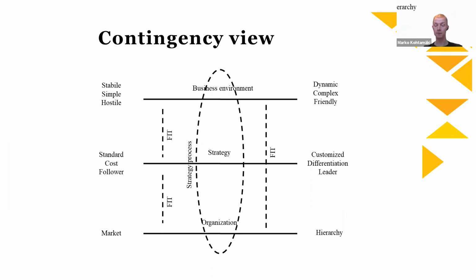And then the typical innovation variable, the follower strategy versus technology innovation leader strategy, so whether the company is a technology follower or a technology leader. And then for the organization of the value system, the markets versus the hierarchies from Oliver Williamson's transaction cost theory, and in between a hybrid form of organization, the so-called network form.